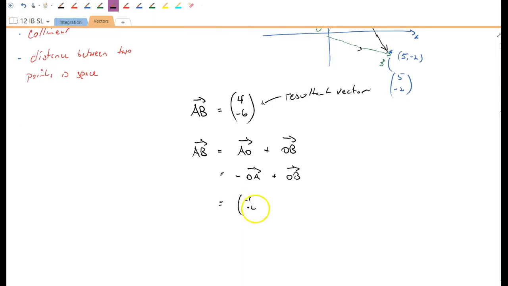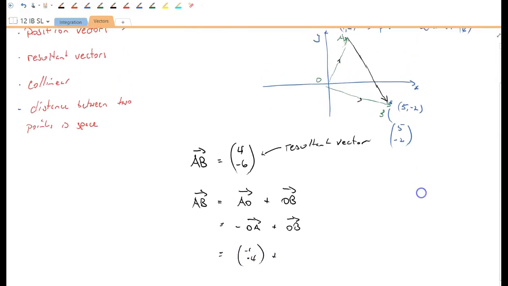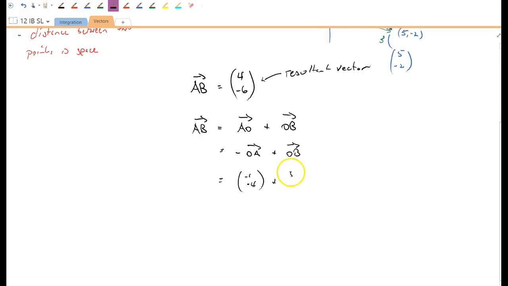So minus 1, minus 4 plus 5, minus 2. Minus 1 plus 5 is 4, minus 4 minus 2 is minus 6. And we've got our resultant vector.